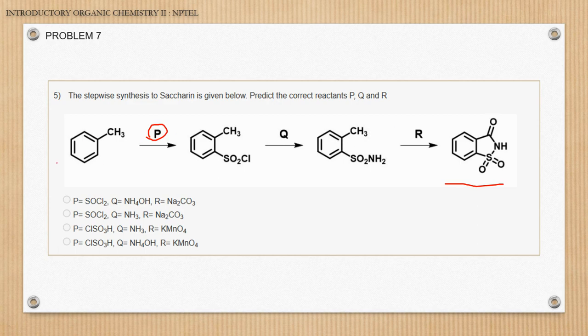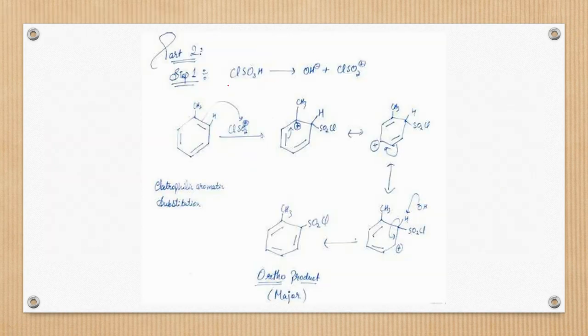Now they have started with toluene. In presence of toluene, they have added SOCl2 and SO3HCl. This is the acid basically. Now what will happen, guys, in step 1: this acid will cleave into OH minus and ClSO2 positive.